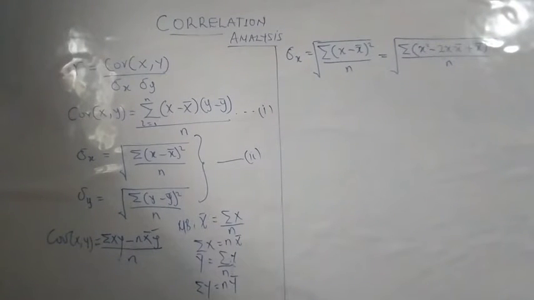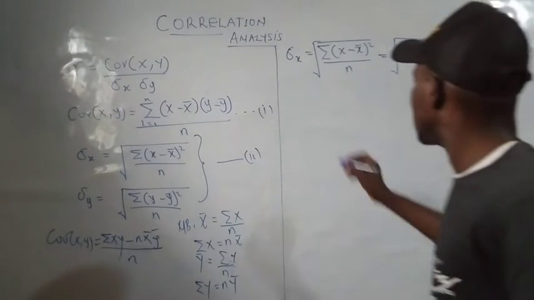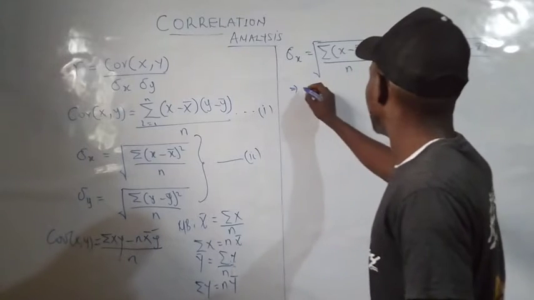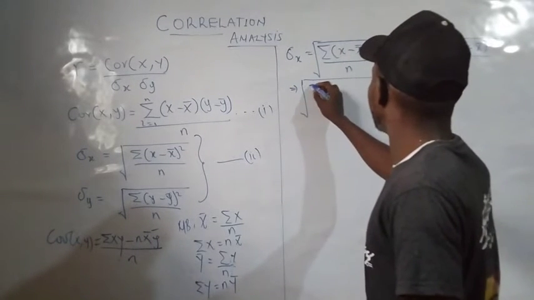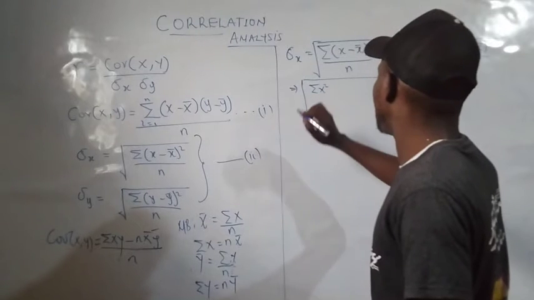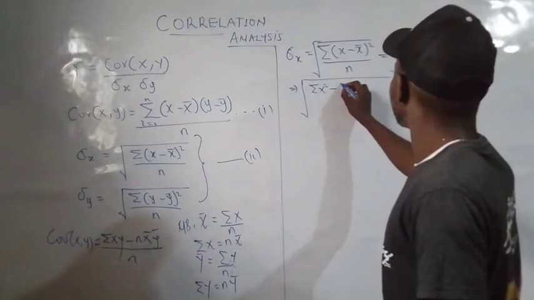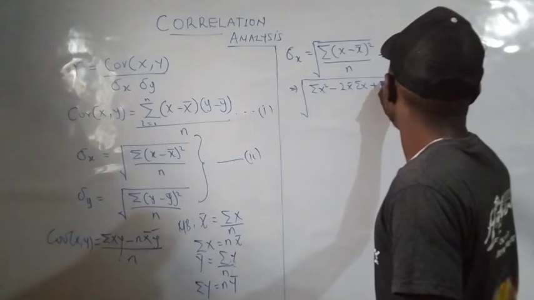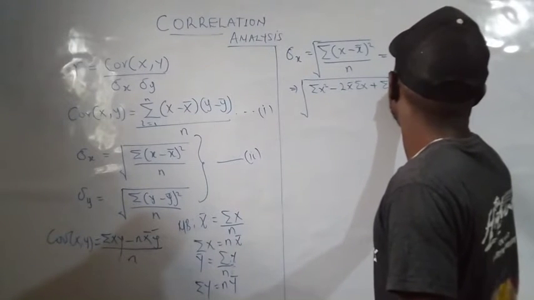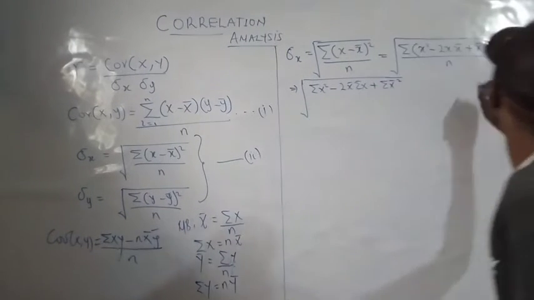Then from here, what you have next is that you just simply open your bracket with your summation symbol, and we have it to be the summation of x squared, having this number range of 1 to n, minus 2x bar summation of x plus the summation of x bar squared. Does that make sense to you?